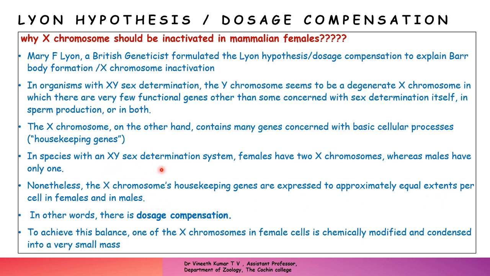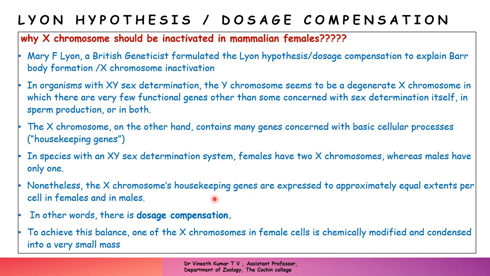The amount of gene product produced by the housekeeping genes from the X chromosome is almost equal in males and females, and that is brought about by a process called dosage compensation.